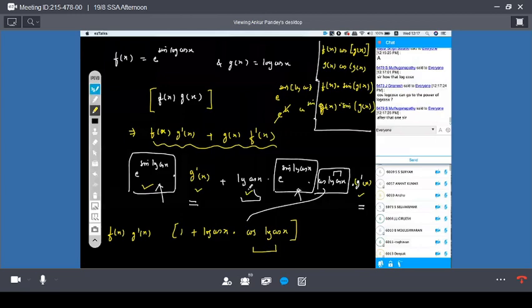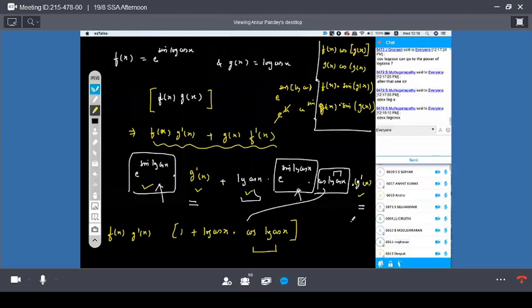Nothing is remaining now. Cos x into log x.